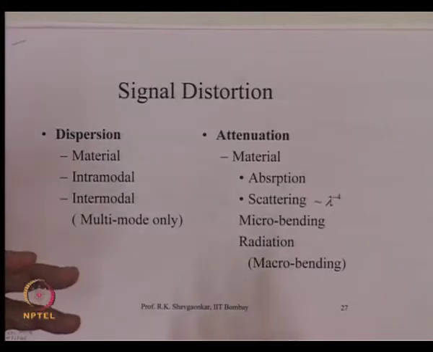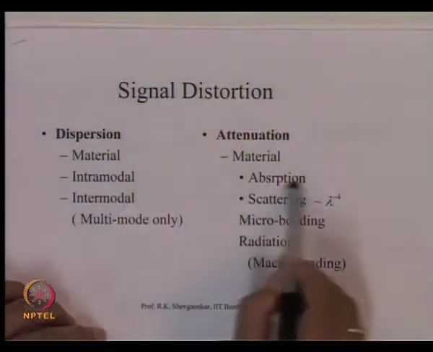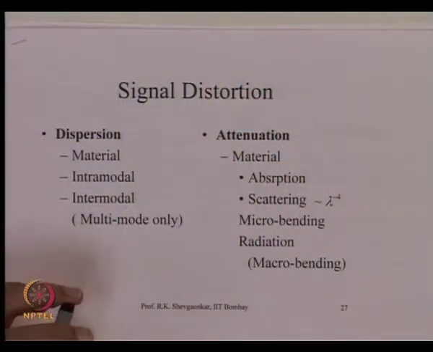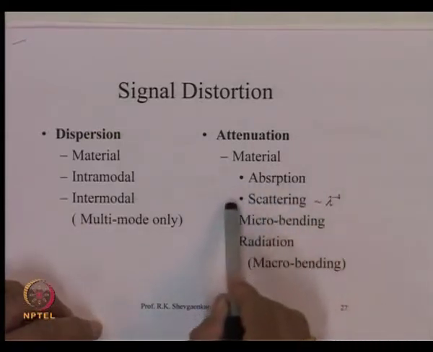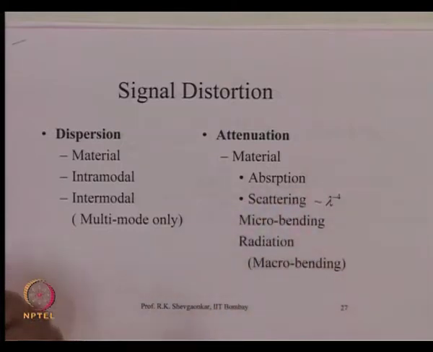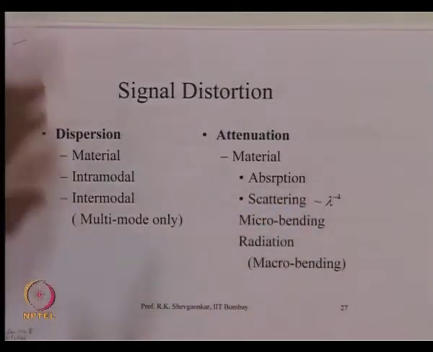Like any other material, you have absorption of energy as it propagates. So, intrinsically you may have a loss because of absorption. But a stronger loss which you see inside the optical fiber is what is called the scattering loss. Now, what is the scattering loss?